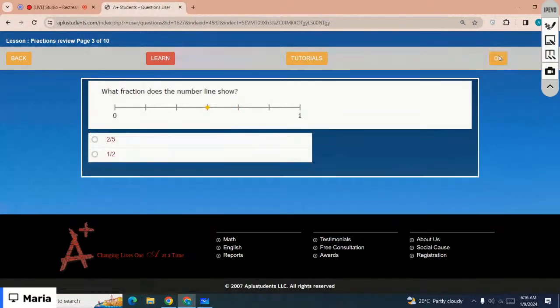What fraction does the number line show? Which is the correct option? The correct option is 1 out of 2.